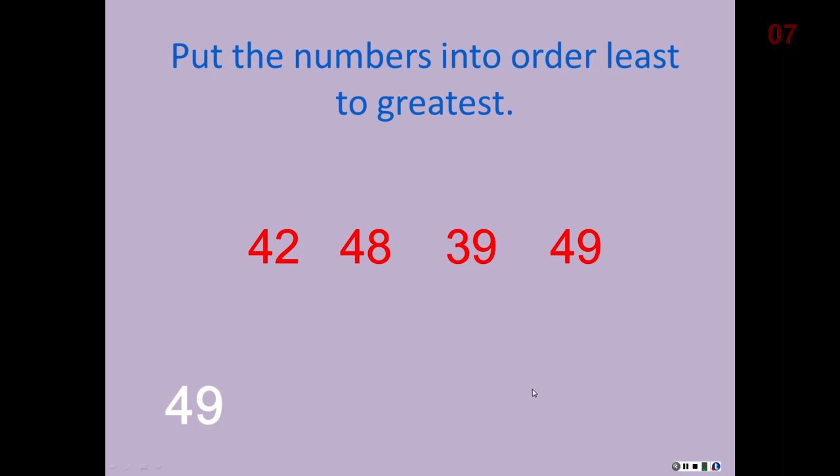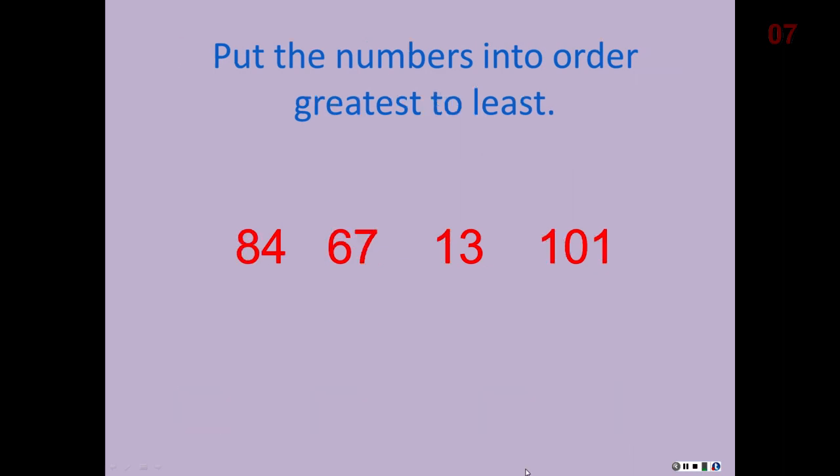I meant to change that around. 42, 48, and 49. So don't look at my PowerPoint. It's all crazy. I was thinking greatest to least, but I didn't change the wording. So this one, okay, I changed this one. Good. So what would this one be, greatest to least? What's first?